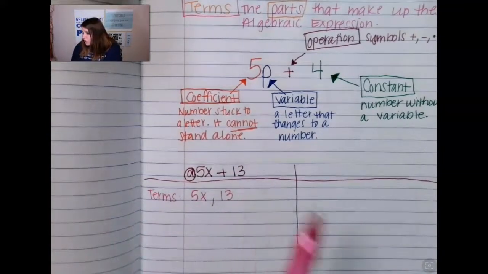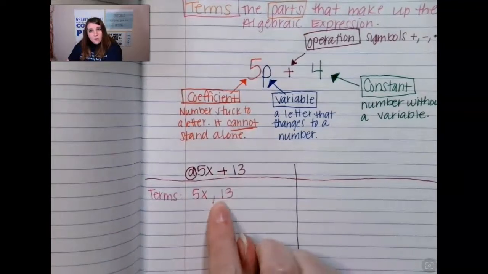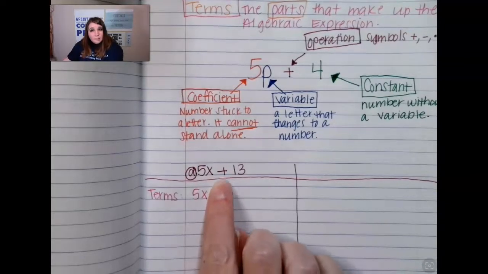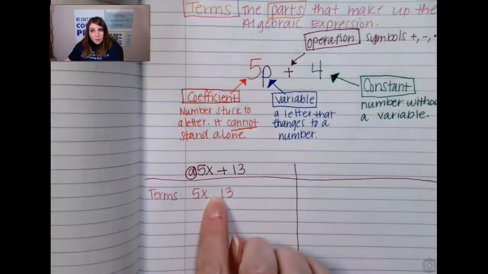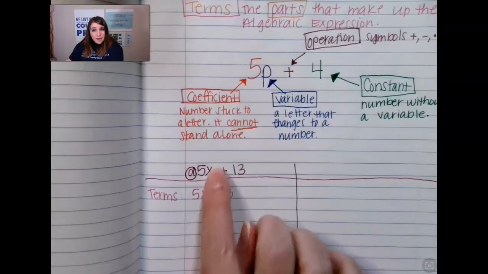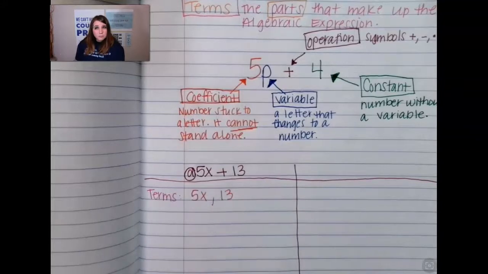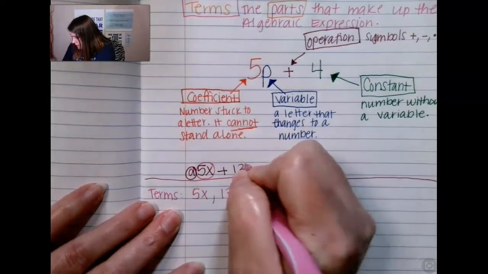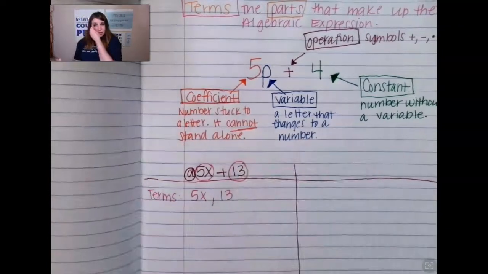So I'm just replacing this plus sign with a comma, okay? So I'm just replacing my symbol, my operation, with a comma. I now have a list. This is my shopping list. To make this, I need a 5x and I need a 13. That's it. In order to make this, I needed a 5x and I needed a 13.